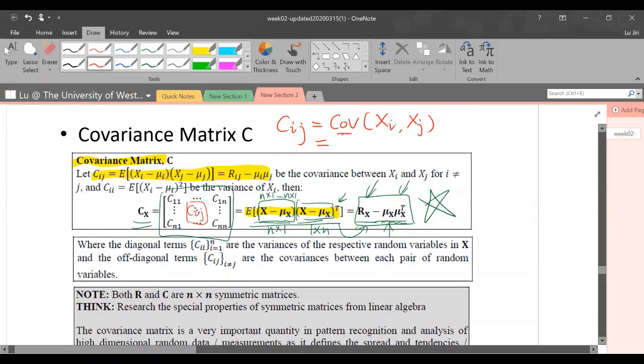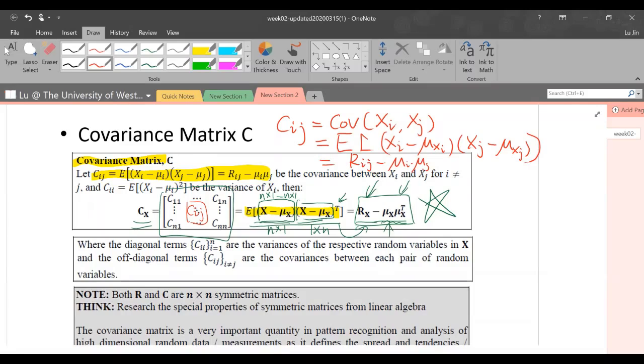This is calculated to be the expectation of xi minus mu xi times xj minus mu xj, this stuff. And again, this can be converted to Rij minus mu i times mu j, this stuff. Again, it's easy mathematical stuff. You can do that by yourself, but this just gives you the meaning. So inside of the covariance matrix, each element is actually the covariance between two random variables within this vector.